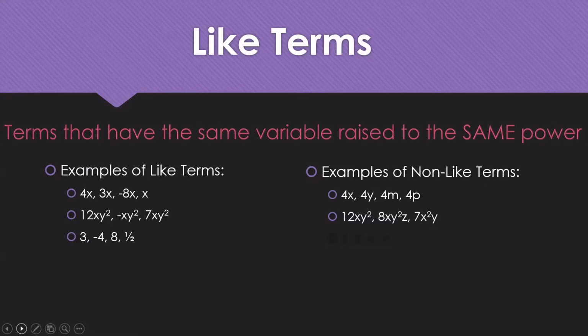Each one of them has an x and a y. That's great. But the 8xy squared has a z with it. Right away, that throws it out. And then on the 12xy squared and the 7x squared y, the exponent is on different variables. So none of those are like terms. And then finally, these are not like terms.